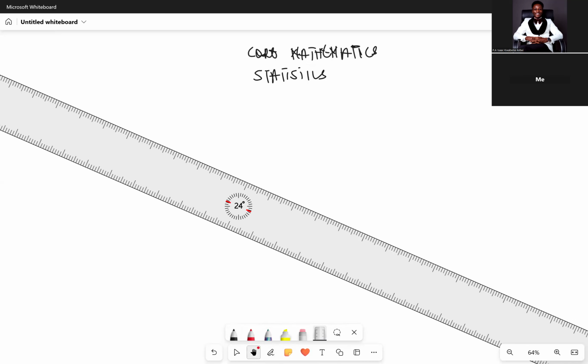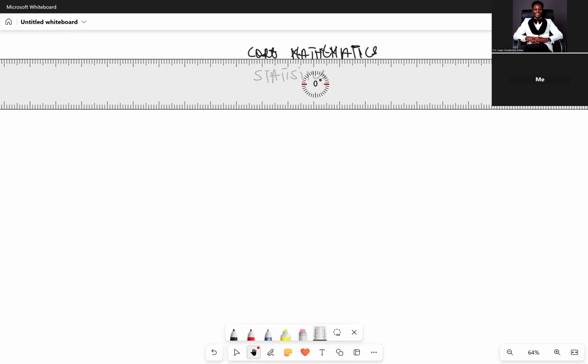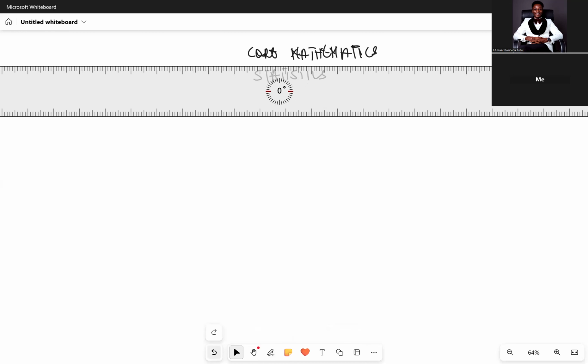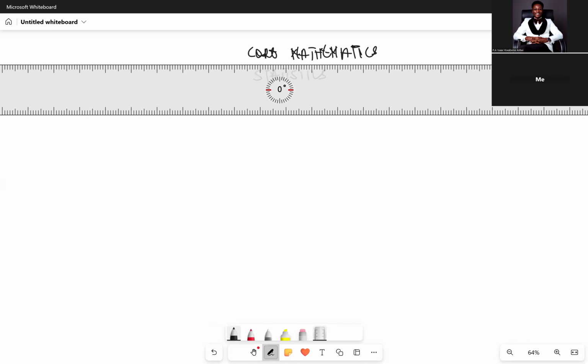Okay, so we are now going to look at how to calculate the mean from a frequency distribution table. I already gave you the formula, but we'll go through it again.